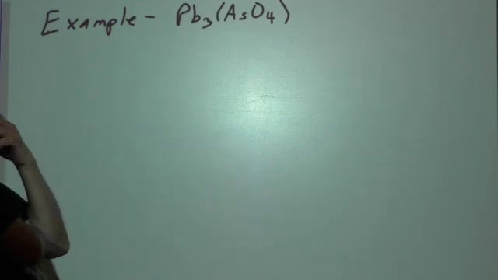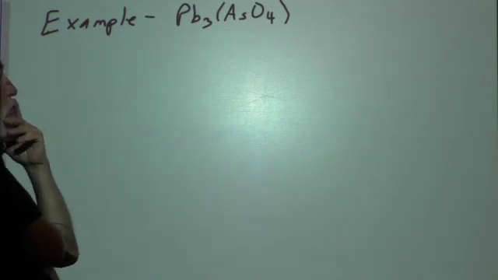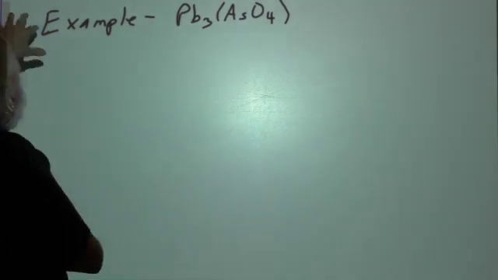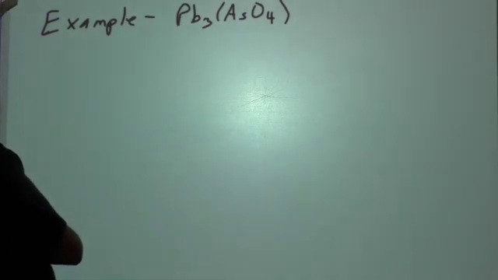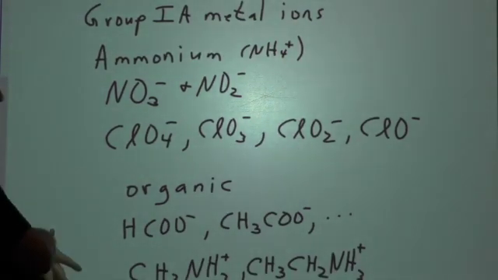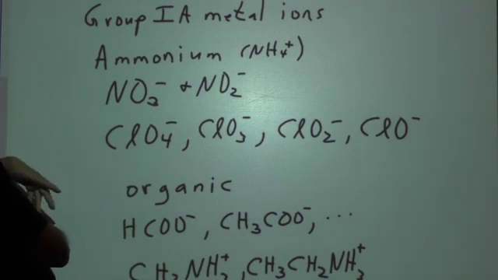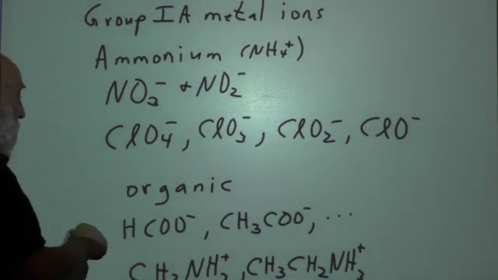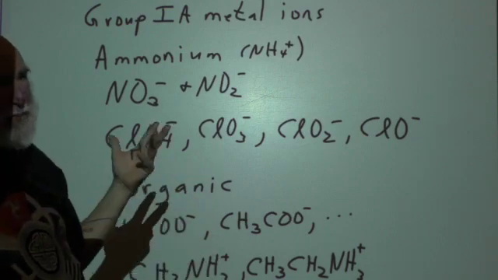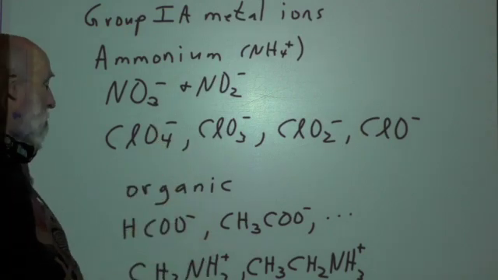So the question is, is either of these ions in that list of ions that I gave you? Well, if you go back and check that out, the answer is no. You don't see lead in there anywhere. You don't see arsenate anyplace. So we can safely say probably it's going to be insoluble.